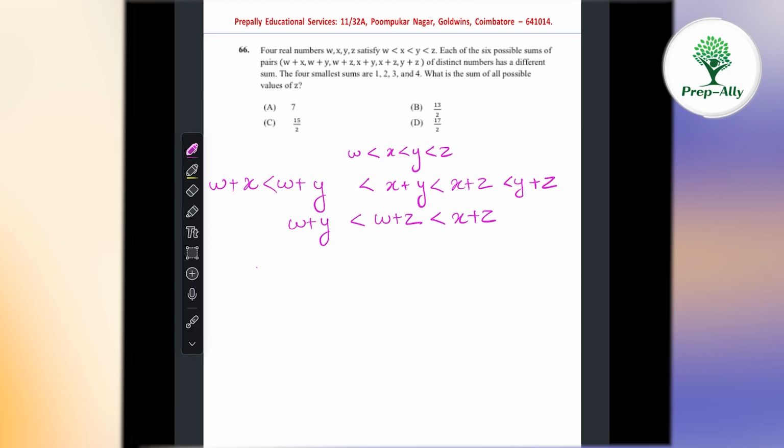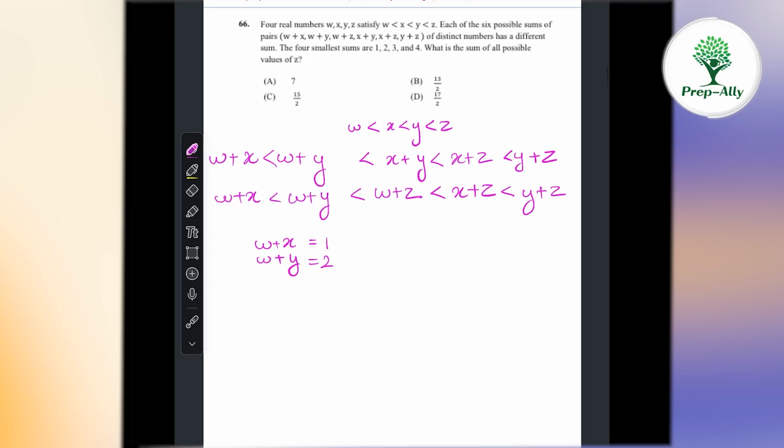So the smallest two sums are definitely W plus X and W plus Y. So W plus X equals 1 and W plus Y equals 2. But we can't really compare X plus Y and W plus Z with the information that we've been given.